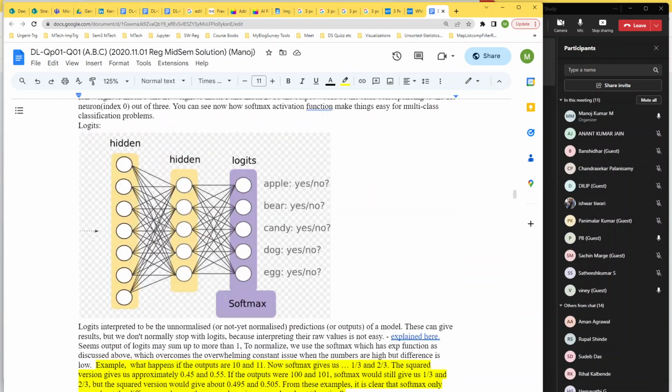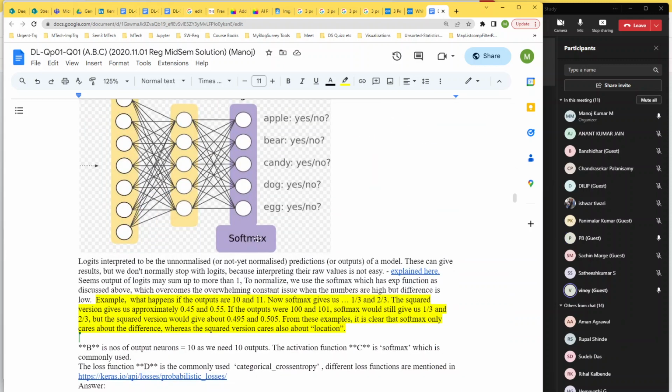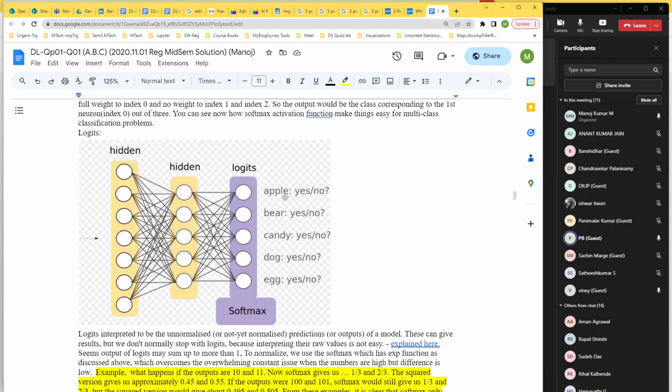From this part we have done everything, and we have come to the place where all the probabilities sum to 1. But after that there is one more thing happening here, and I think this is a part of the softmax, where the highest probability thing will be outputted as 1 and all others will be 0.